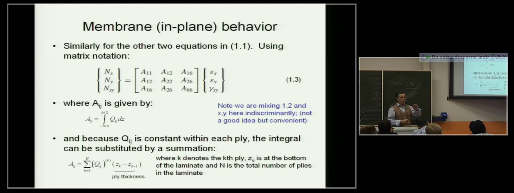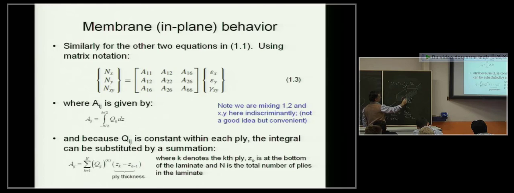So each ply has its own Qij, Q11 or Q16 or whatever it is. I can simplify these integrals as summations over all plies. Basically, within each ply, I only get the Qij of the kth ply, and the integral with respect to z would give me a zk minus zk minus 1. Basically, this is my z-axis now, and I call this z0. This is z1, z2, and so on.